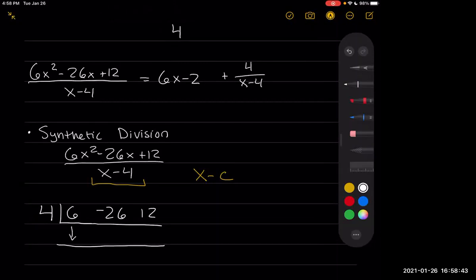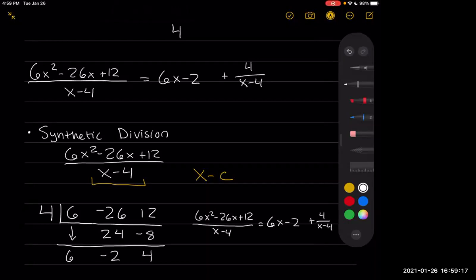We pull down the 6, and then we multiply, and we get a 24, and we add, and we get a negative 2, and then we multiply, and we get a negative 8, and then we add, and we get a 4. So we get that 6x squared minus 26x plus 12 over x minus 4 is 6x minus 2 plus 4 over x minus 4.